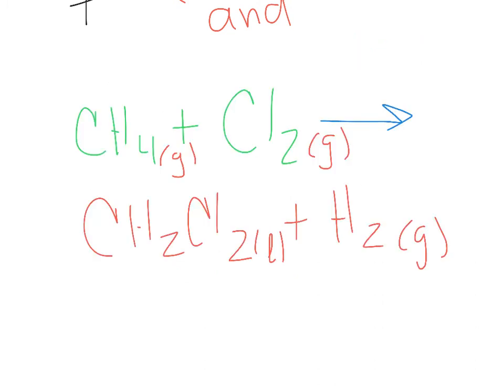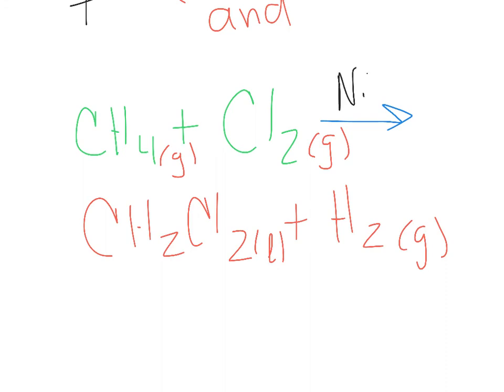Okay, here's another example. I have CH4 gas plus chlorine gas yielding CH2Cl2 liquid and hydrogen gas. In this case, this reaction only occurs with a catalyst, and the catalyst would be nickel metal.